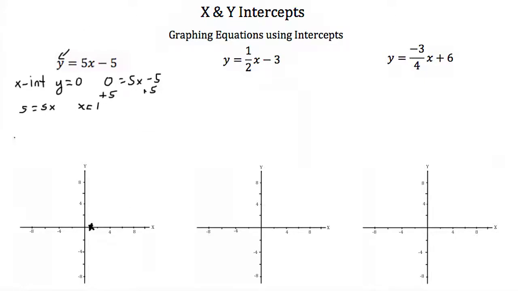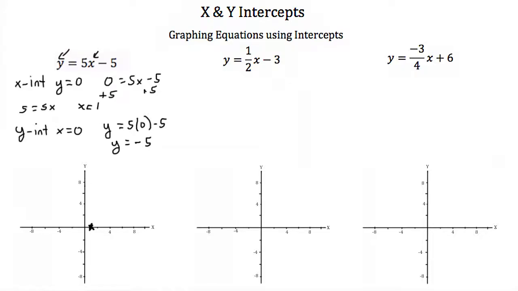Now we'll find our y-intercept. And remember, our y-intercept is where x is equal to 0. So we're going to plug in 0 for x, and we end up with y is equal to 5 times 0 minus 5, and we see that our y-intercept occurs where y is equal to negative 5.